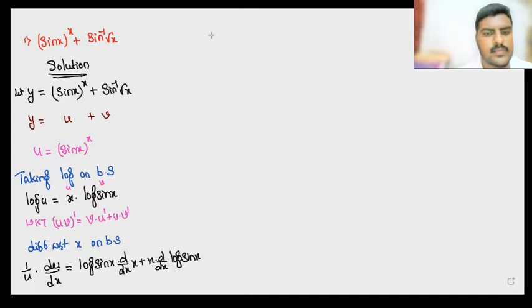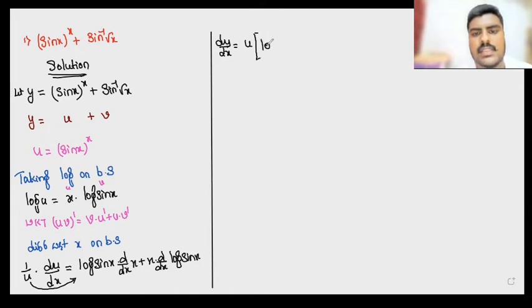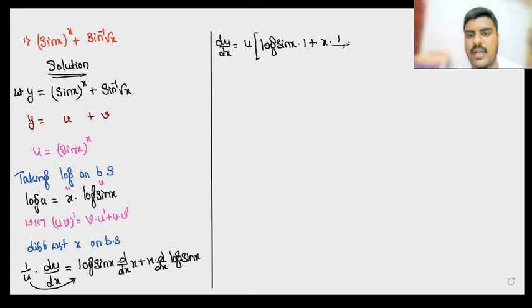Now this u, I am shifting to the RHS. So du/dx = u into [log sin x into d/dx of x, that is 1, plus x into d/dx of log sin x, that is 1 by sin x into, differentiating the internal function sin x, cos x].